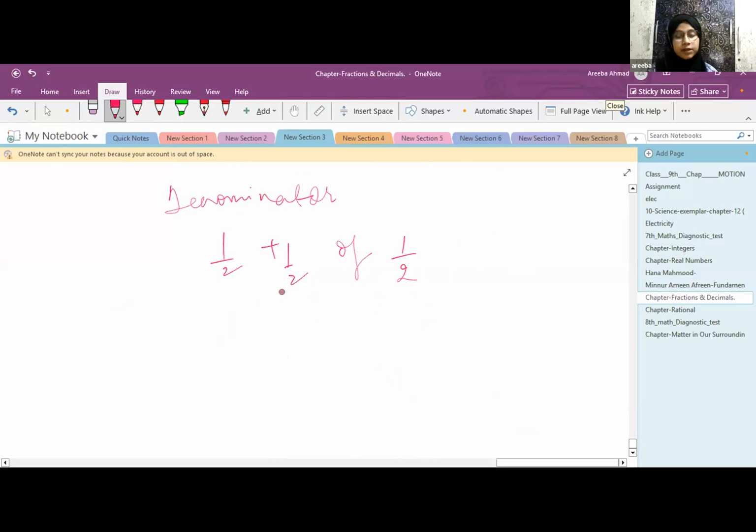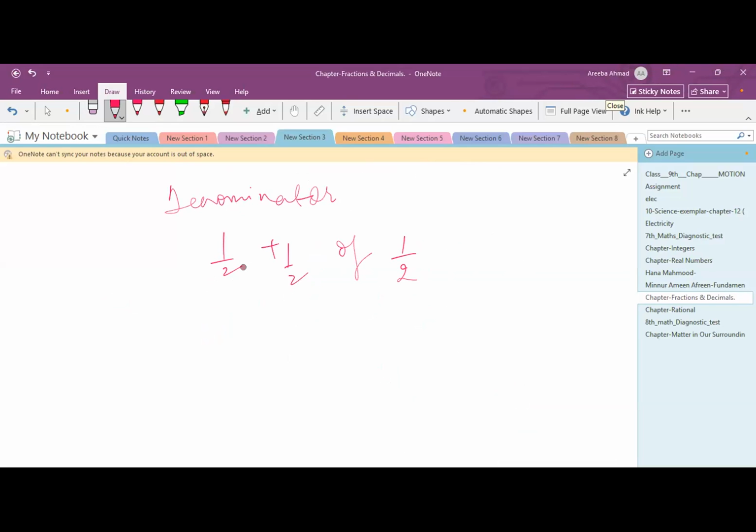So I don't need to take LCM this time because the denominators are already the same, so I can directly add it. This one will be 2 by 2 of 1 by 2. So let's simplify it. But don't we add the 4? 1 of 2 by 2.